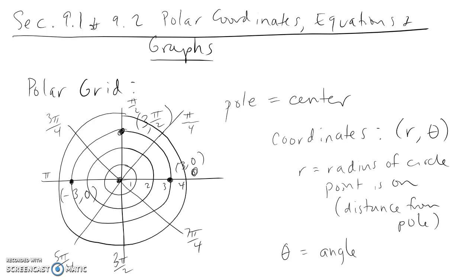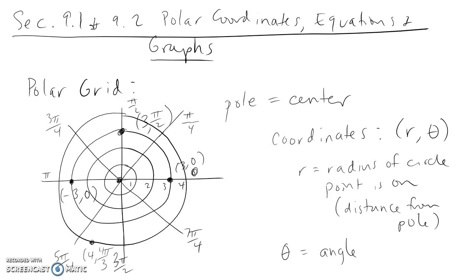Some other points, you might have something like 4, 4 pi over 3. So that's somewhere here, the angle 4 pi over 3 is going to be between 5 pi over 4 and 3 pi over 2.